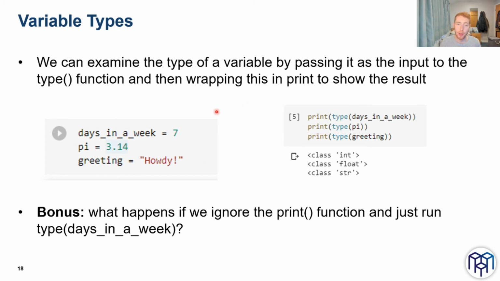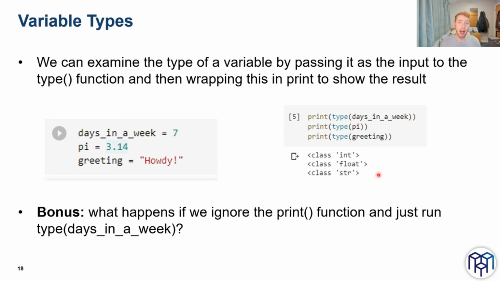And so we can check what the type is by taking the variable, putting it inside of type. That's going to give us the type of the variable. And then we want to output that out to the user. And so we put that inside of print. So we're nesting these 2 commands. Calculate the type and print that out. And as you see, we get int for integer, float, and str for string. So those are the types we're expecting.